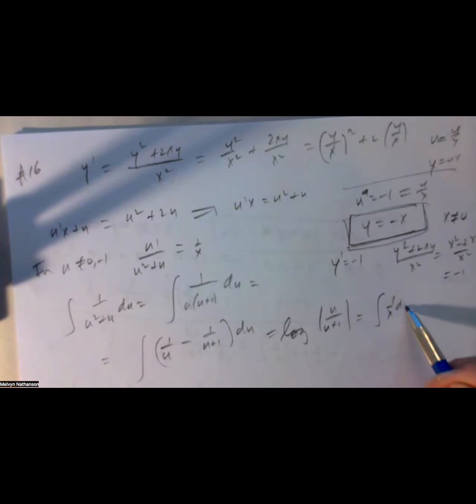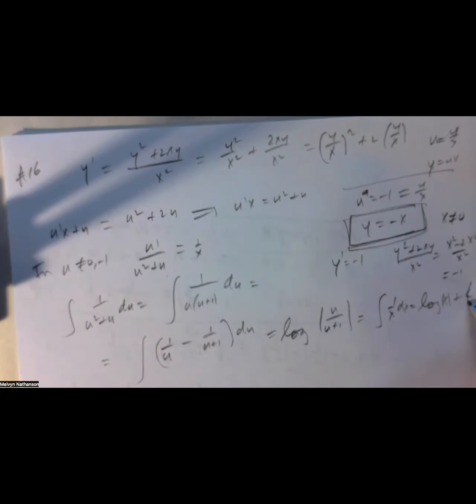Yeah, that's right. So this is the log of u over u plus 1. And that equals the integral of 1 over x dx, which is the log of x plus a constant.